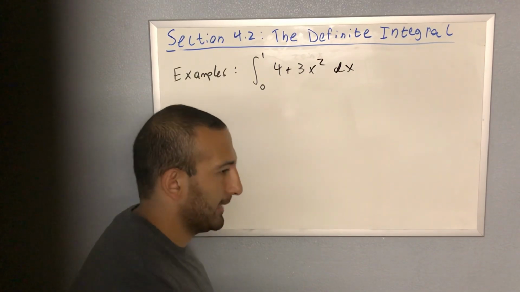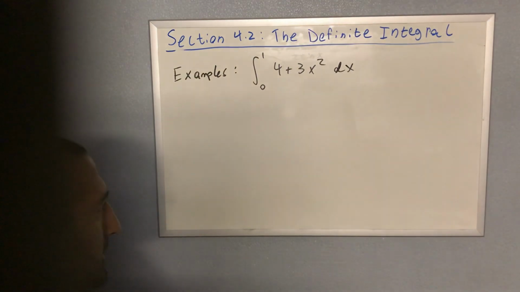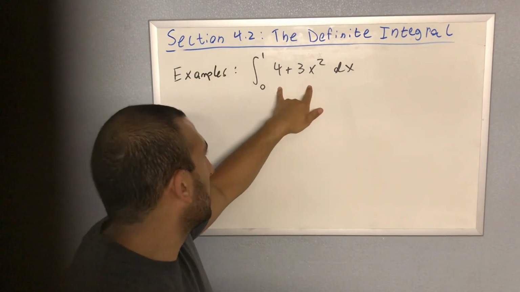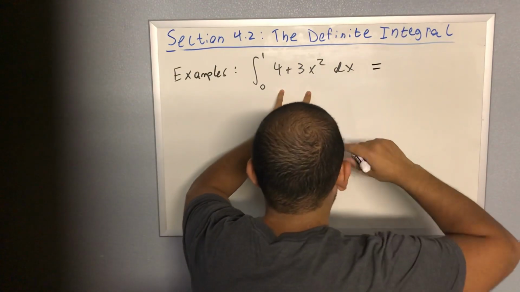Now, one of the properties will allow us to split this into two different integrals. That was the property that allowed us to split things.